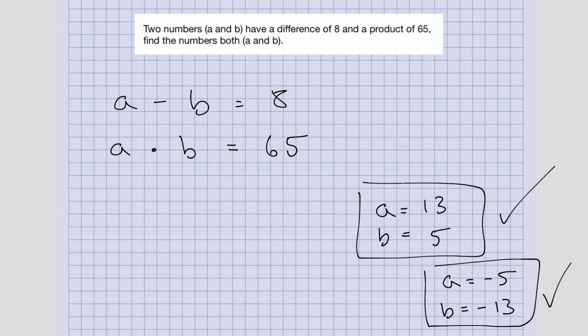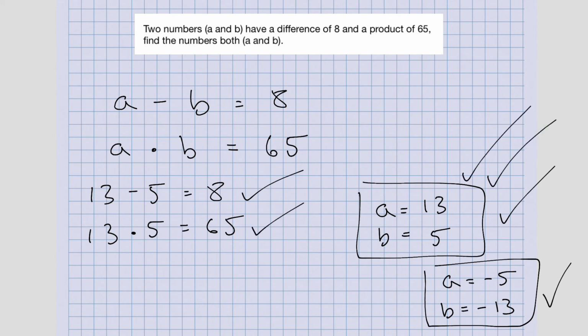Plugging the first one back in, a equals 13, b equals 5, both positive. We have 13 minus 5 equals 8, and 13 times 5 equals 65. Yes, that's true. So this one checks off.